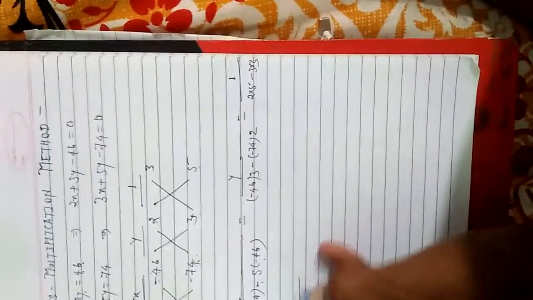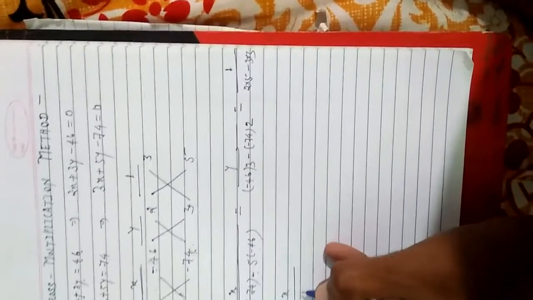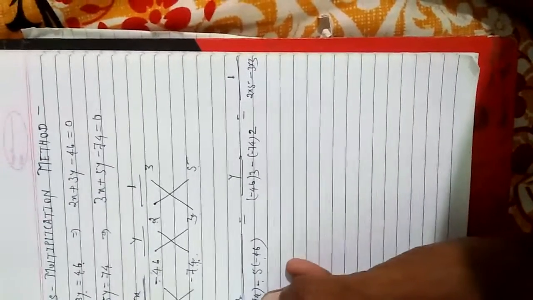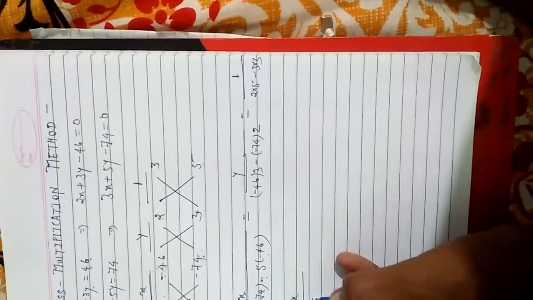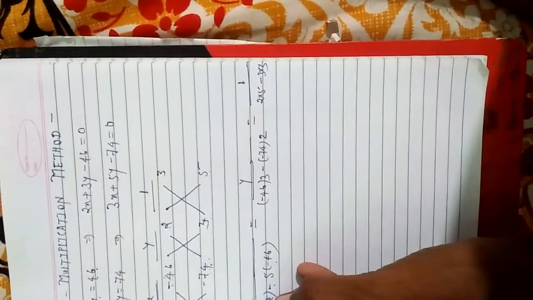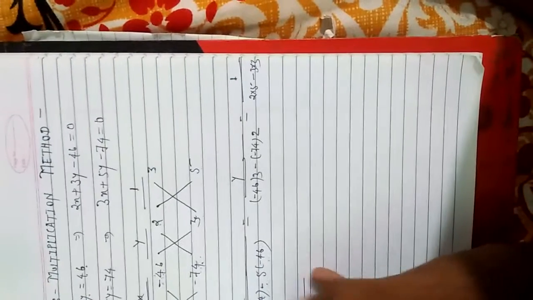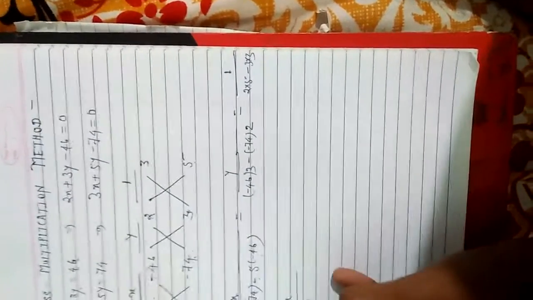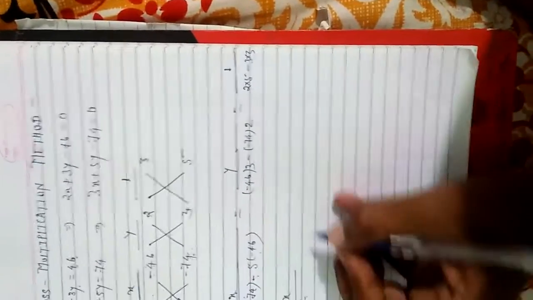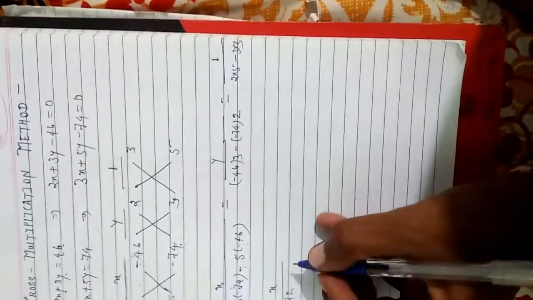So for x: 3 4s are 12, carry 1, 3 7s are 21 plus 1, 22. Okay, minus 222.